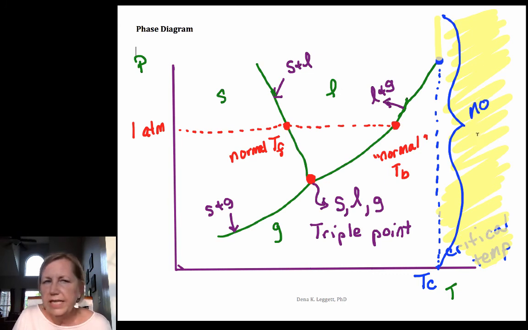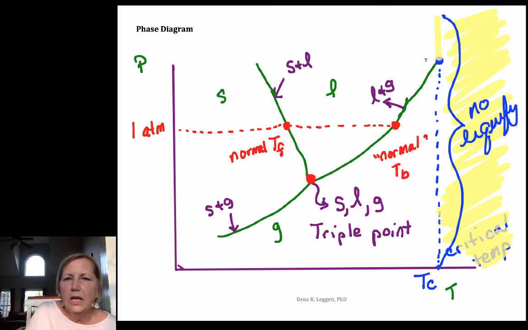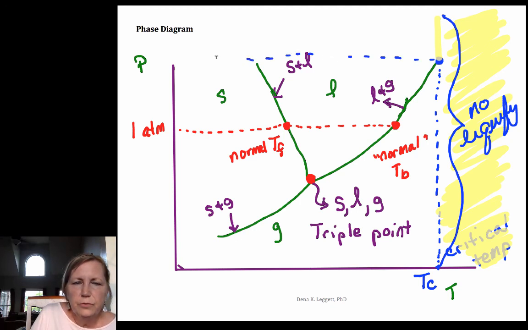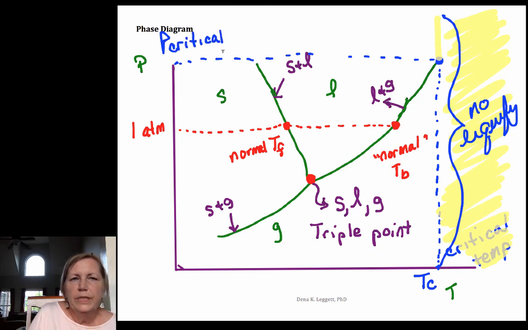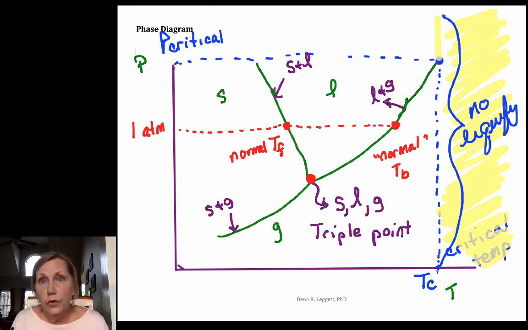Even if you raise the pressure tremendously, we can't liquefy it. Now, the pressure at that point is often referred to as the critical pressure. But it's really the temperature that's the critical part, and then the pressure is the matching pressure.